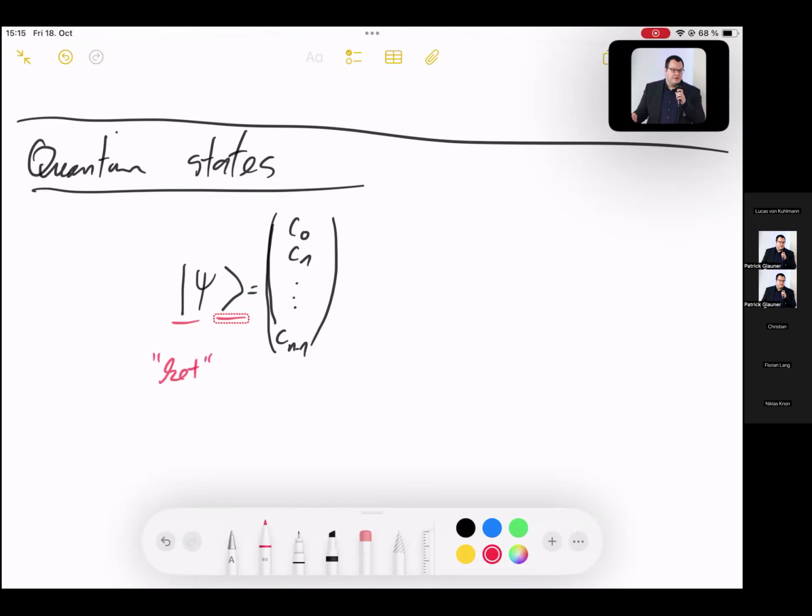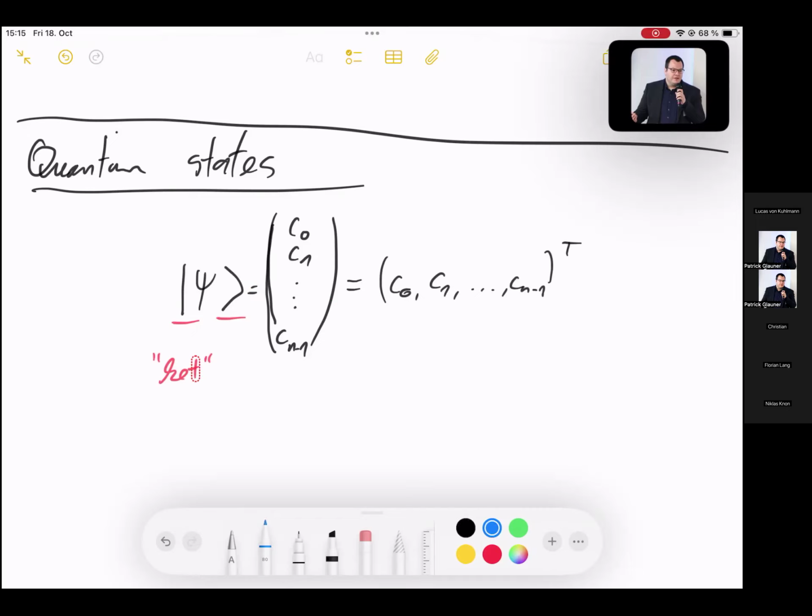Not the animal, it's just the bra-ket notation that we will see later. Such a vector can be described as a column vector, or you can describe it as a row vector that you transpose. So this would be C0, C1, again up to Cn minus 1.